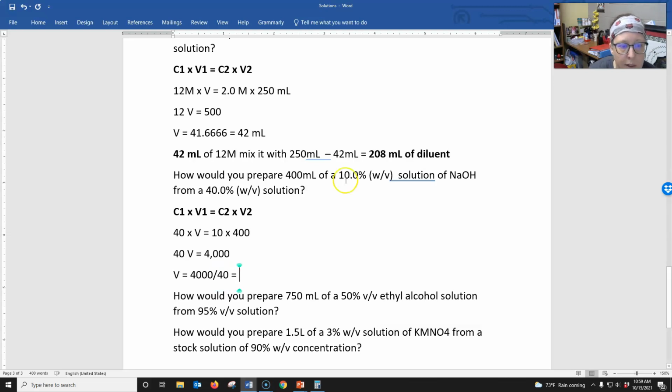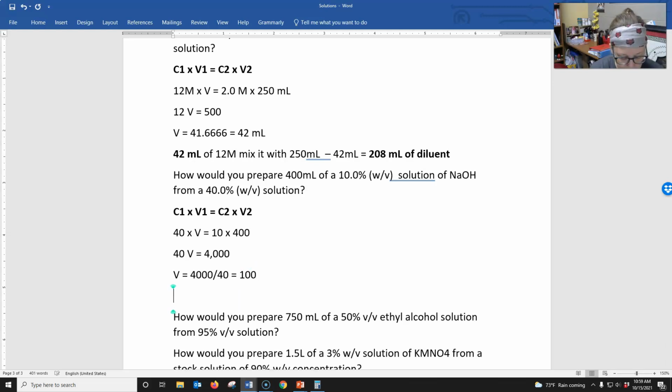You can simplify, so that would be 100, and so how do you do that? So then you would mix 100 mils of your 40% stock solution with, and then you want 400 mils, so 400 minus 100, that would be 300 milliliters of your diluent water or whatever.